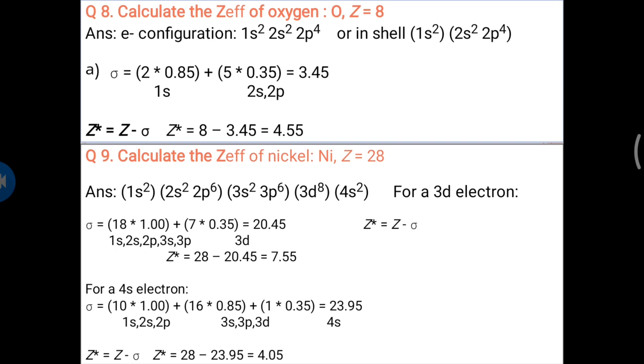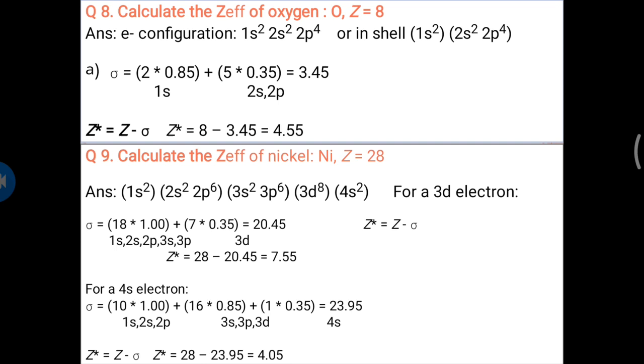First, write down the electronic configuration of the oxygen atom. Atomic number Z is equal to 8 and the electronic configuration is 1s2, 2s2, 2p4. Then group the electrons: 1s2 is the first group, and 2s2 2p4 is the second group.